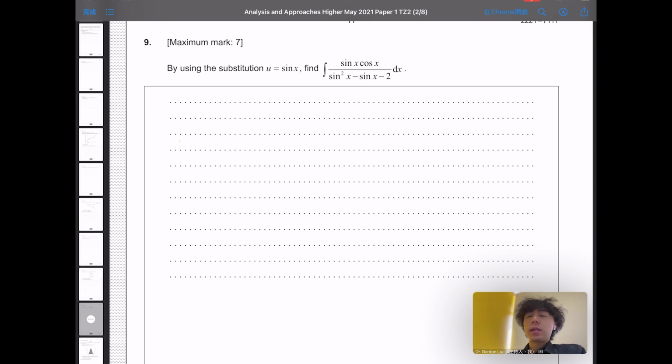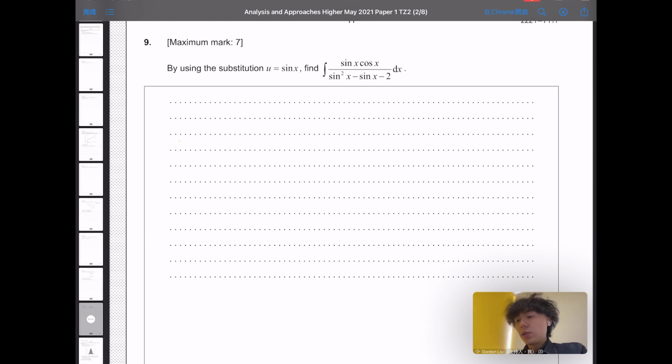I pick integration because integration is actually very common in both syllabuses, and the technique required is quite high. You need really good mathematics sense and ideas before you can handle integration. So that's why I pick integration. And also this question involves substitution.